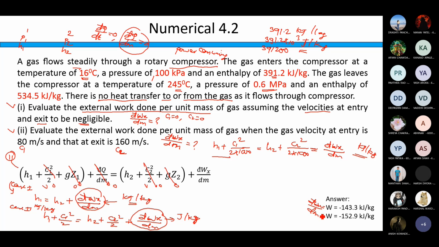Now check for the second case, when you consider the flow velocity C1 and C2. Once it is over, tell me, we will go to next slide.